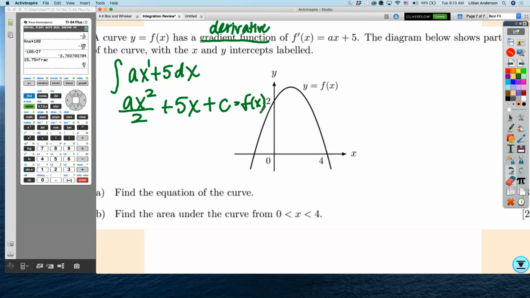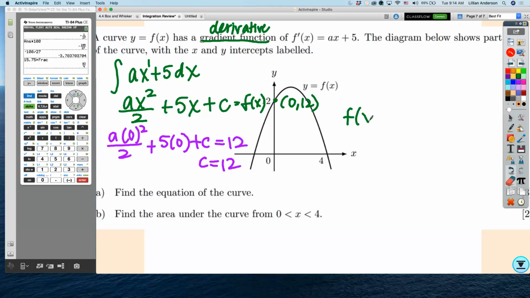Which one should I plug in first? The y-intercept. That's because that point is at 0, 12. Meaning that if I plug in 0 for x and 12 for y, I'll be able to find my c easily. What is c? Well, 12. So now I have this function.